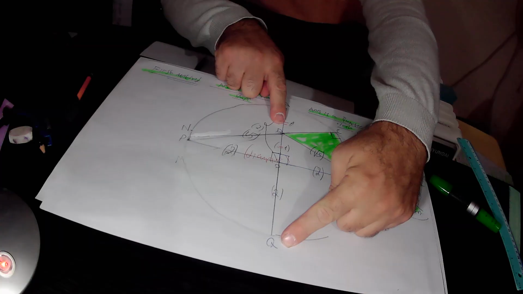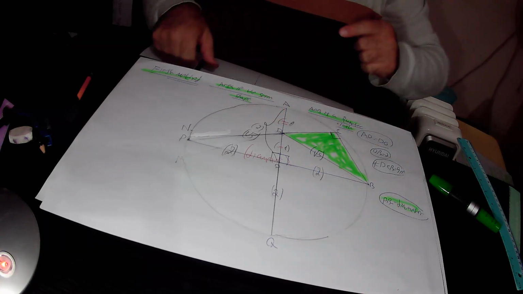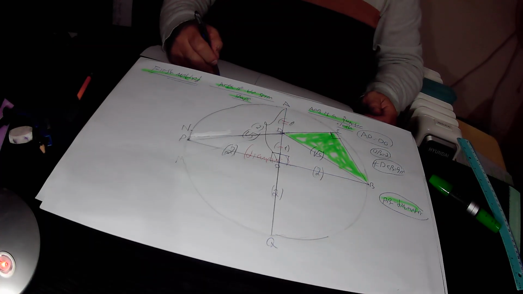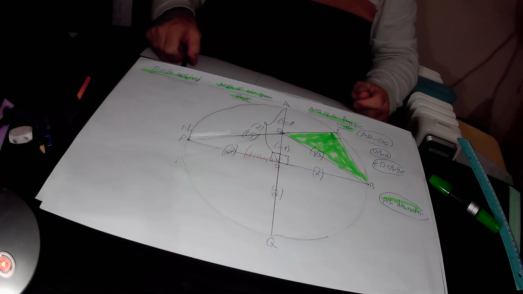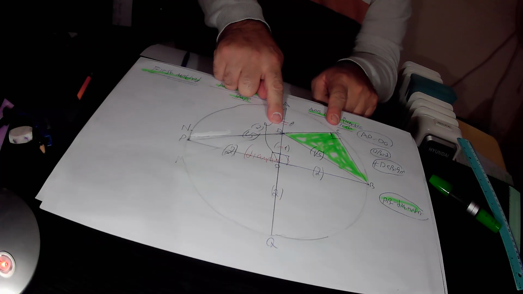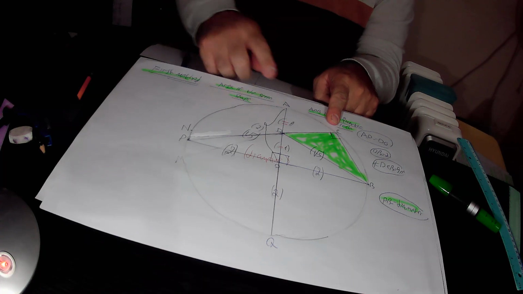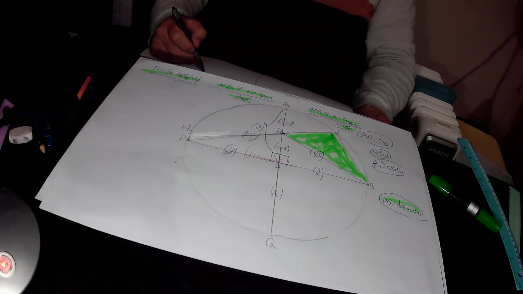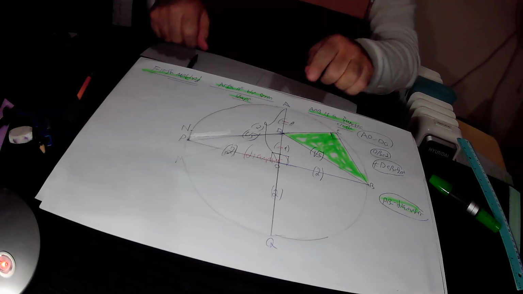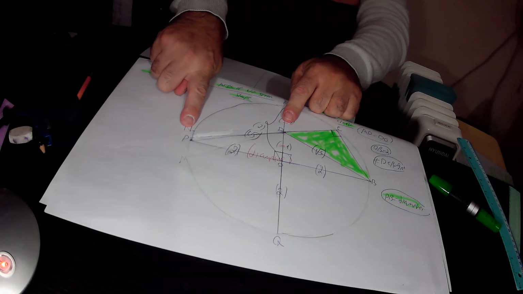DQ in total equals 1 plus 2, that is 3. And it equals CD. CD is the missing side, so we leave it as it is, times DP. DP is the hypotenuse of the right triangle, and it is equal to the square root of 5 units in its length.